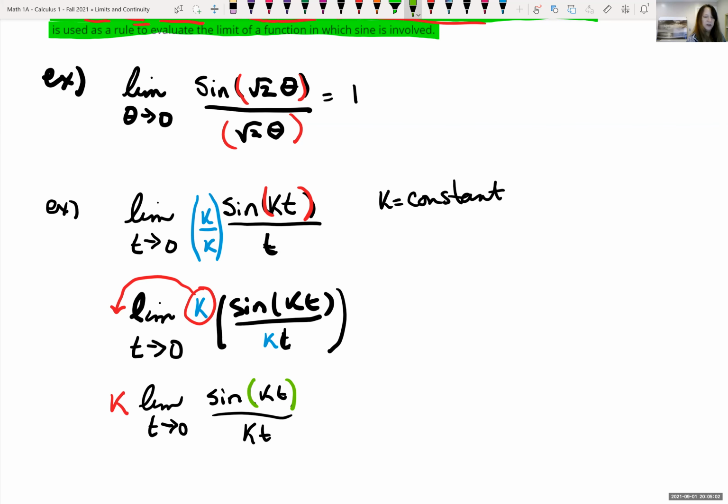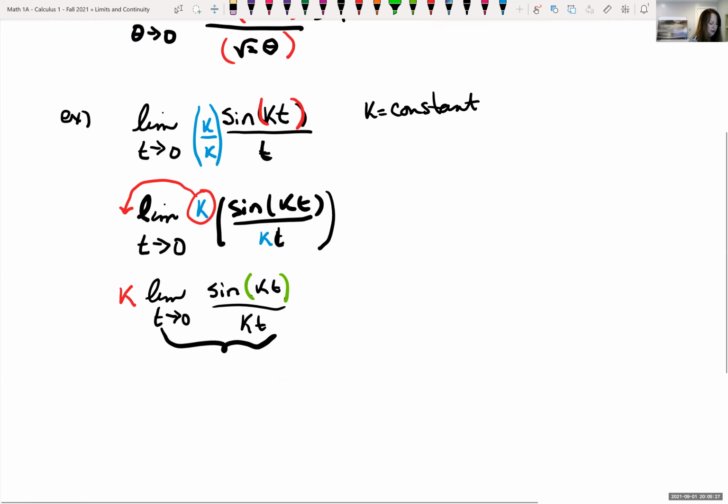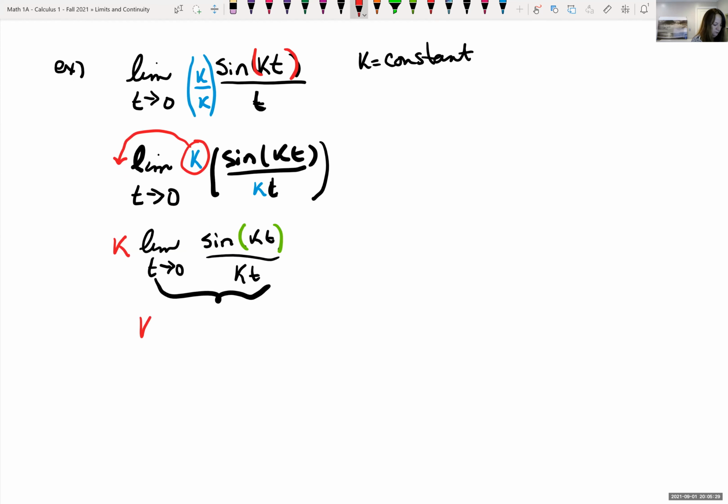I call what we're taking the trig function of, which is not always an angle, it could be a real number, the argument. So if the argument of what we're taking the trig function of is the same as what we're dividing by, this piece right here is equal to 1, and times the k in front, we have k times 1, which is k.